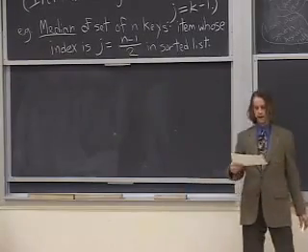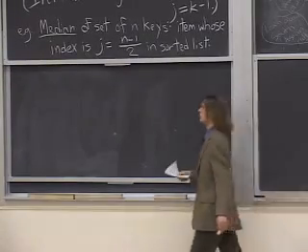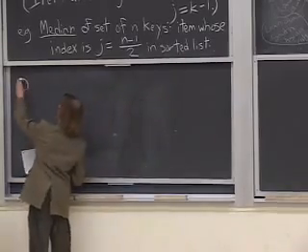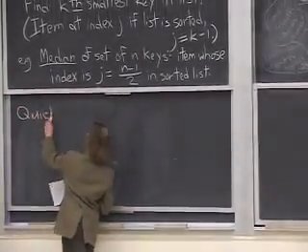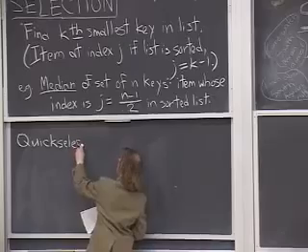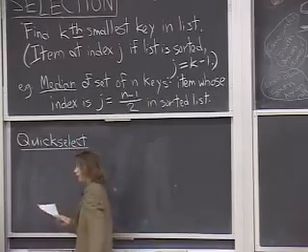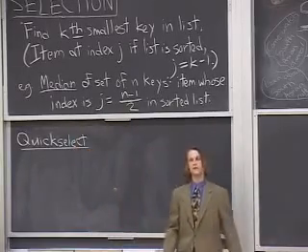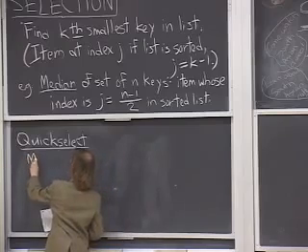So let's find that. The algorithm we're going to use for doing that is called quick select. And hopefully it will come as no surprise that quick select is a lot like quick sort.